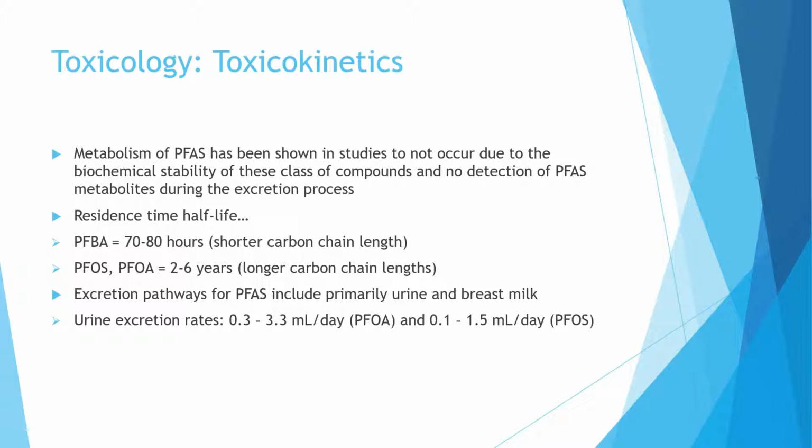So the chain length does affect how easily the body can excrete these compounds. Typical excretion pathways for PFAS include primarily the urine and breast milk. Urine excretion rates have been calculated at 0.3 to 3.3 milliliters per day for PFOA and 0.1 to 1.5 milliliters per day for PFOS.